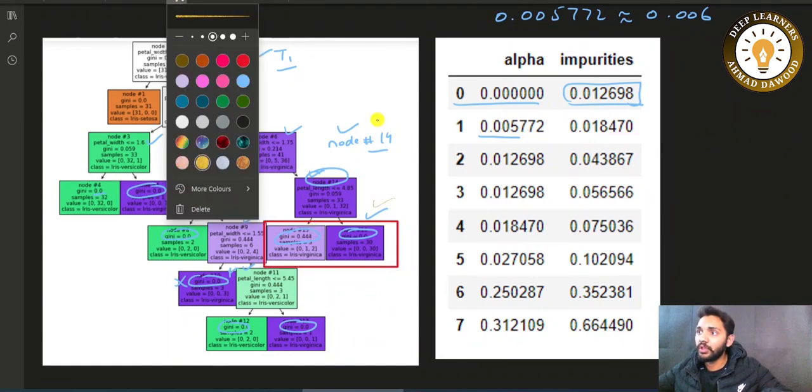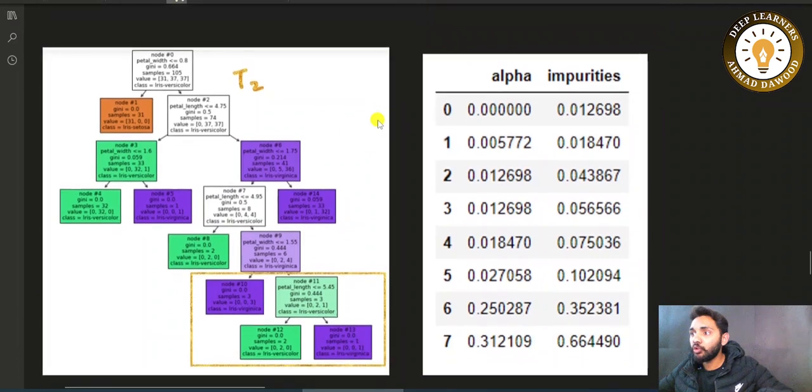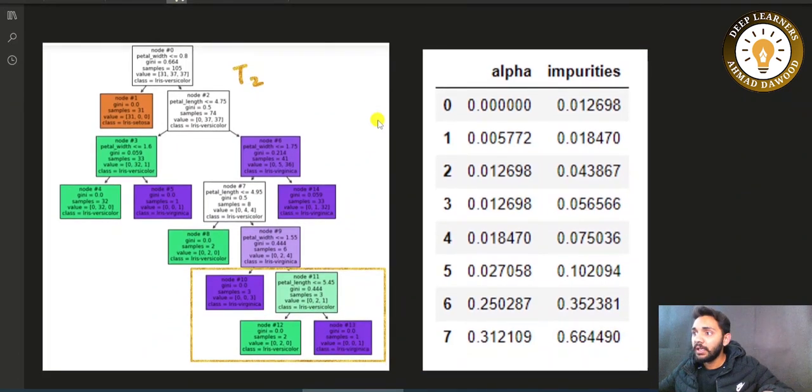Okay, and you will get another tree which will be here, you can say tree T2. Okay, again you will prune the branches of the tree which has minimum alpha. So this tree T2 has alpha value 0.005772, and the impurity of this T2 is 0.018.